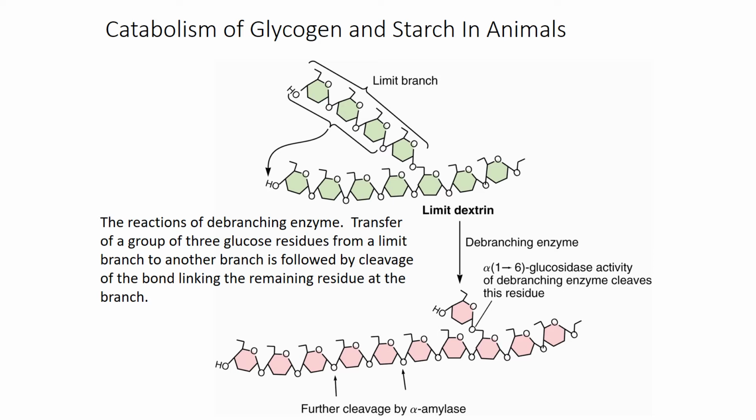This is what we call a branch point. So this is that alpha 1,6 branch. And digestion of glycogen can occur both in the GI tract or the tissue. So when we do ingest dietary substances that contain glycogen, we do have to begin breaking that down in order to utilize the glucose that's contained there.